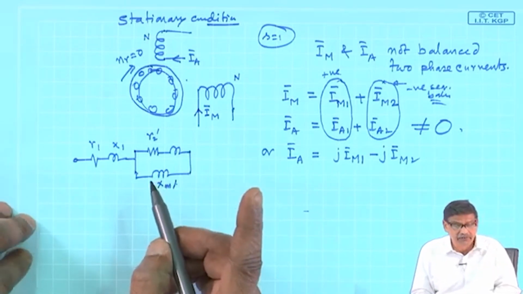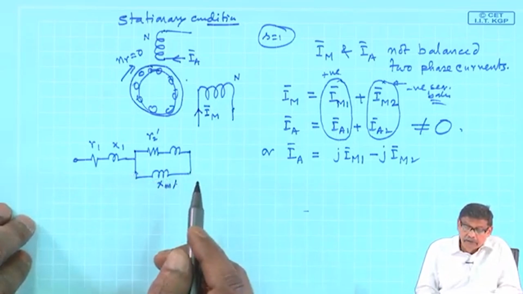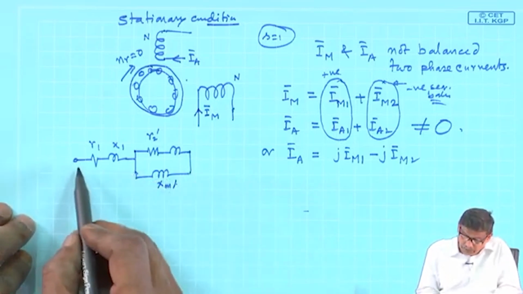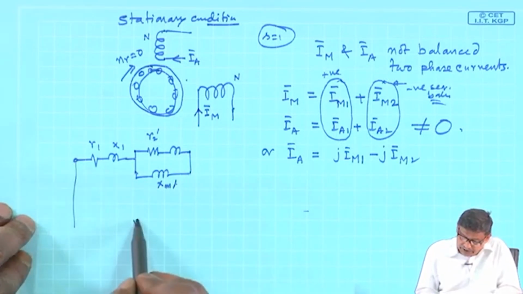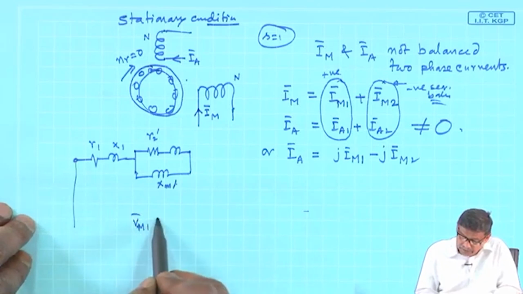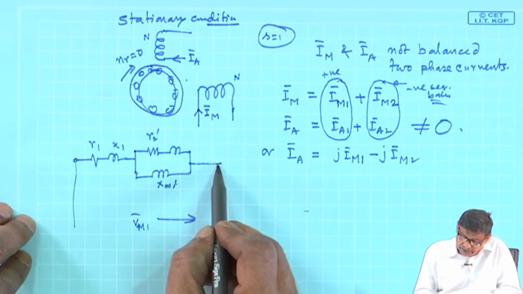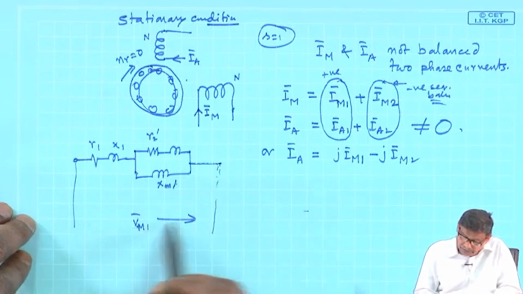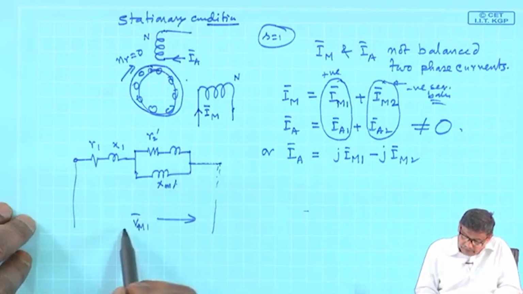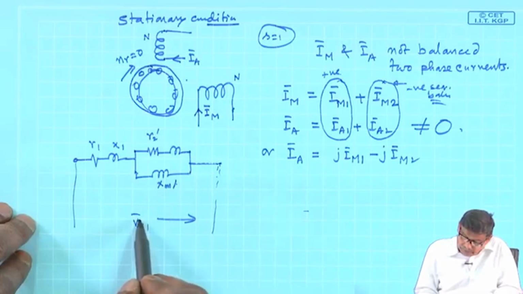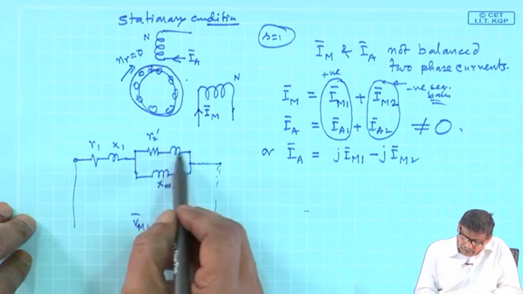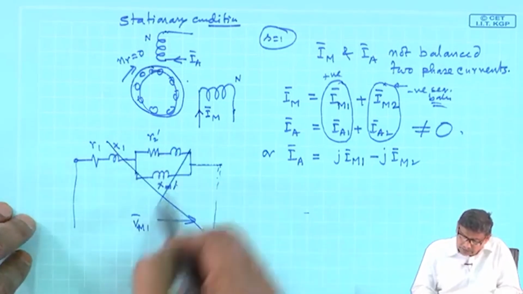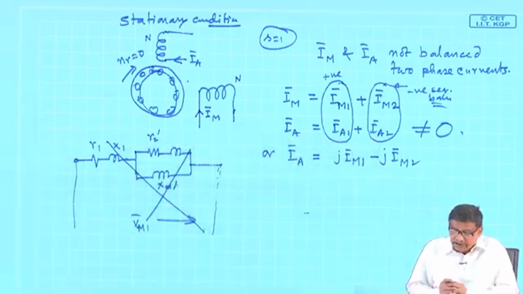In fact, for the forward motor there is V bar M 1 applied. And there will be anyway, let us not complicate the issue. So, it is like this.